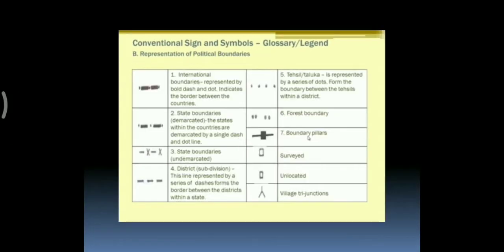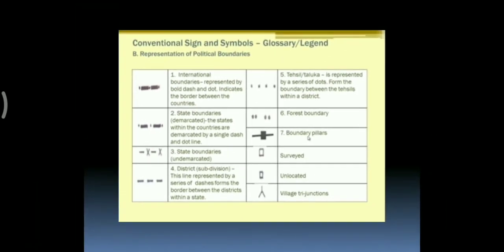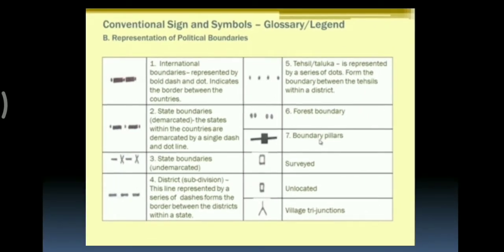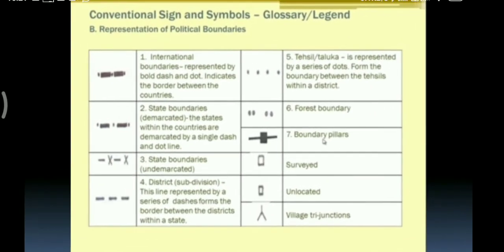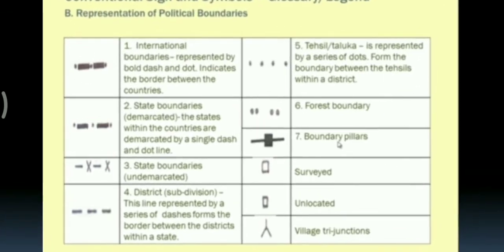For the next slide, we have representation of political boundaries. For international boundary, we have a black boundary represented by bold dash and dot, which indicates the border between two countries.